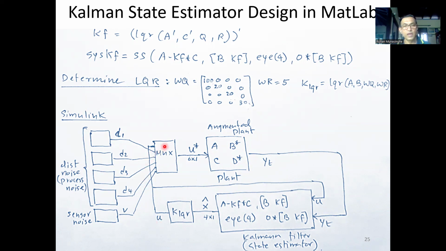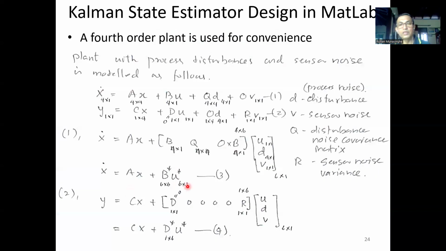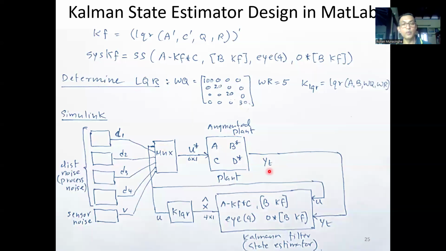Okay. And this control signal is combined with other elements. You can see it over here, control signal and disturbances and noise, sensor noise, all these things combined together, the augmented system, right? Using a multiplex mux combined together, it goes as U star to the plant. Okay, so when you have the U star to the plant, A plus B star U star, right?